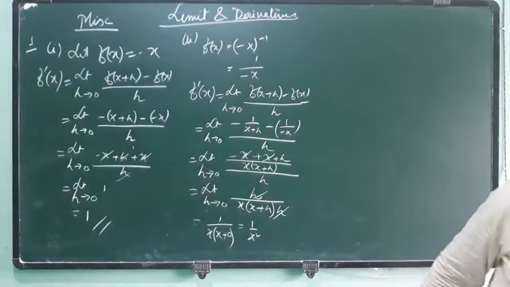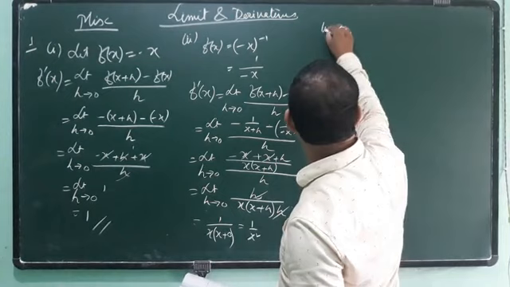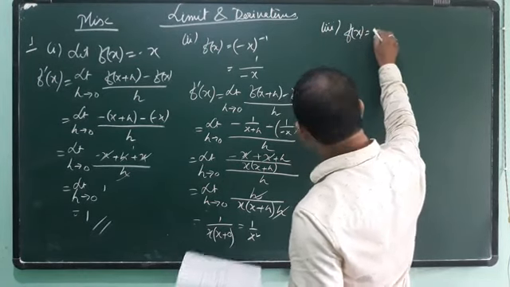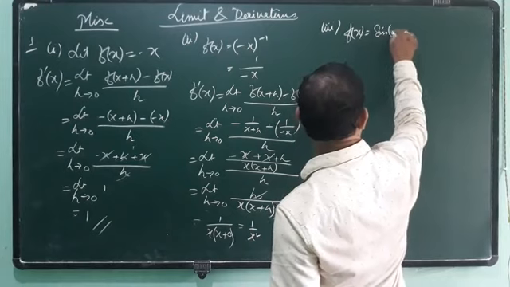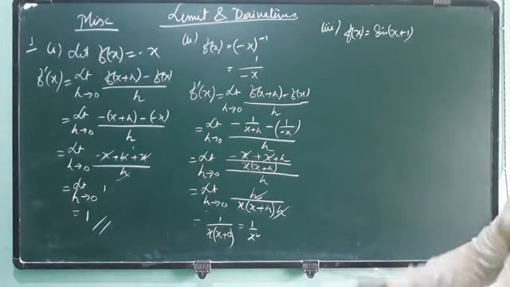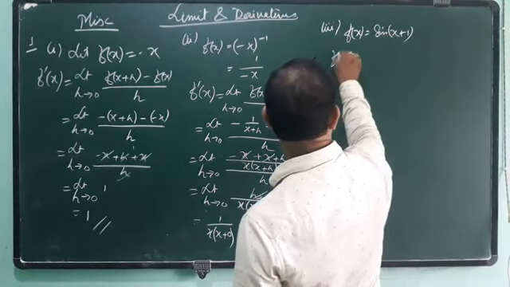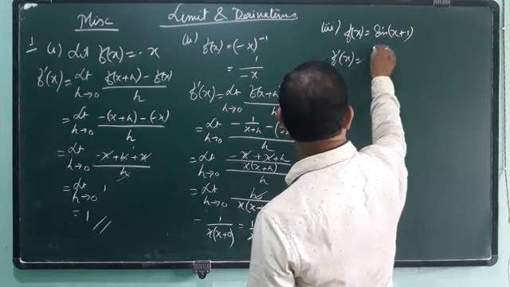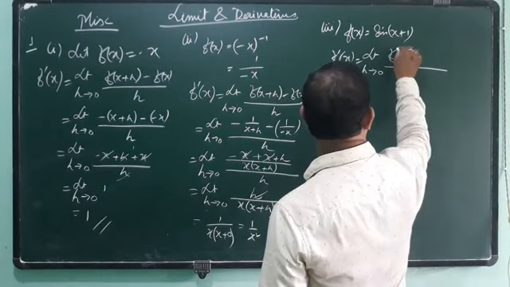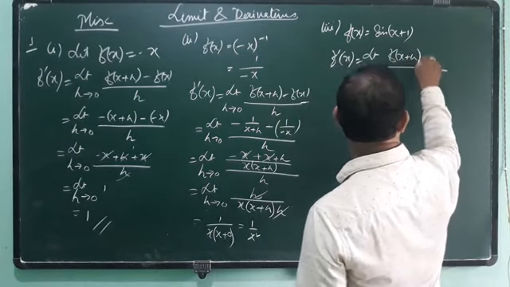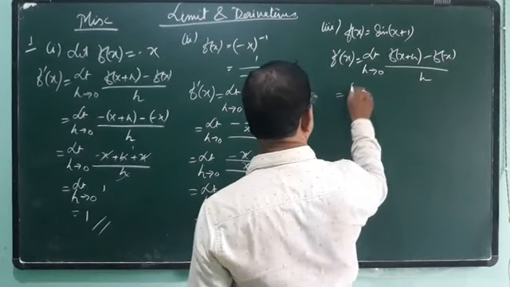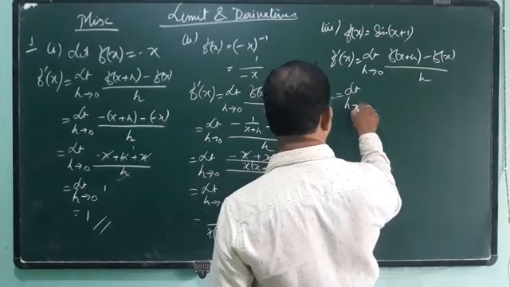Now we are going to do question number 3. Here f(x) is equal to sin(x plus 1). How to do this one? f dash x is equal to limit h tends to 0, f(x plus h) minus f(x) by h.